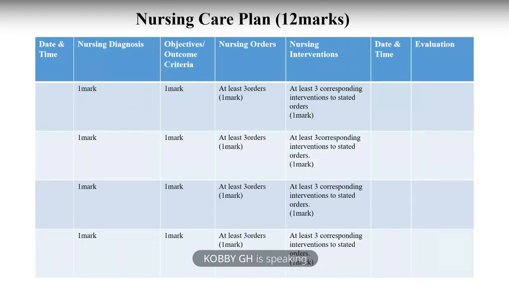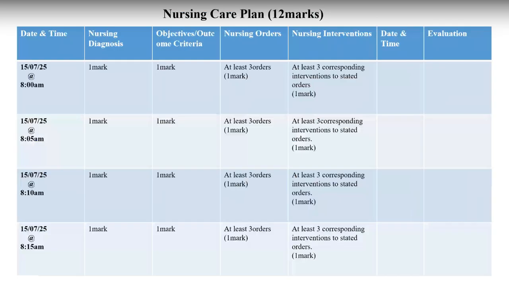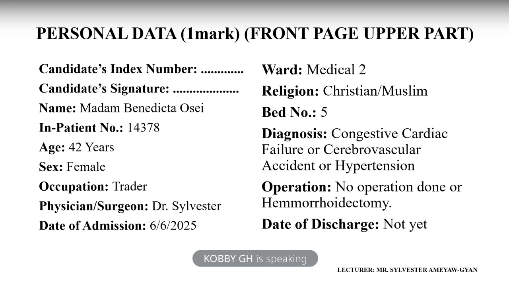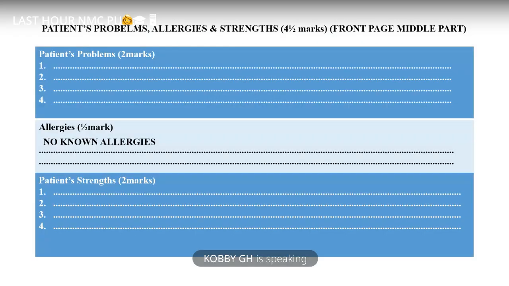Once you do that, you turn to the front page of the care plan. The first thing you write is your candidate index number, and then you sign. Then straight, you come to the allergies, and you write no known allergies.